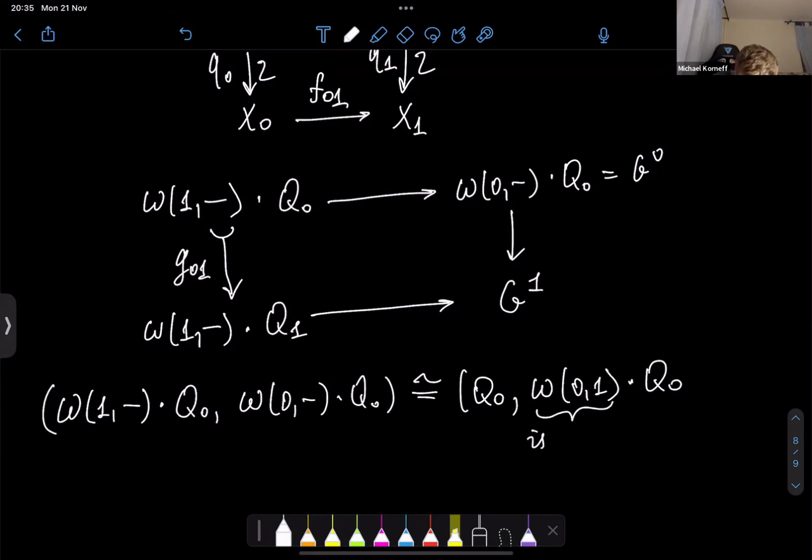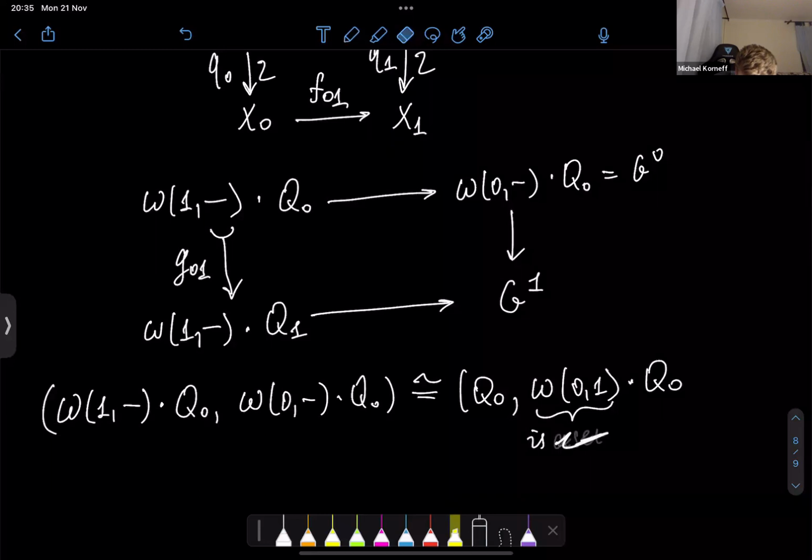It is just the set with one object, and of course we have here the identity arrow.